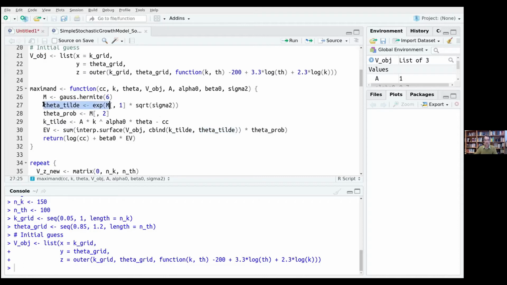So this object tells us where to evaluate the value function. And there are 6 points where we need this bilinear interpolation. Next period's capital stock is not stochastic, so for each of these 6 points, that's the same. But theta tilde depends on where we evaluate the technology level.